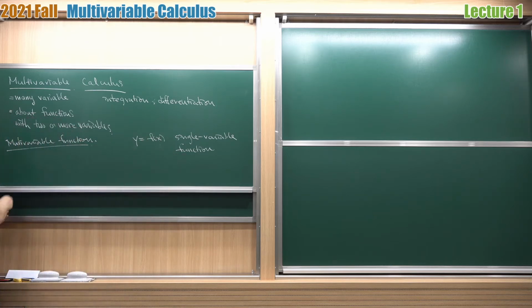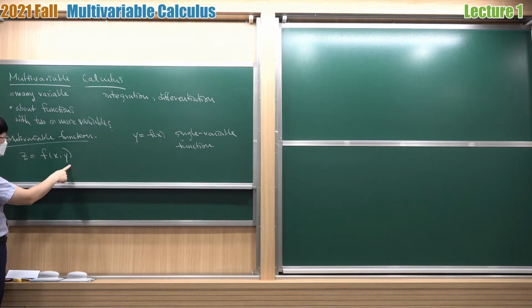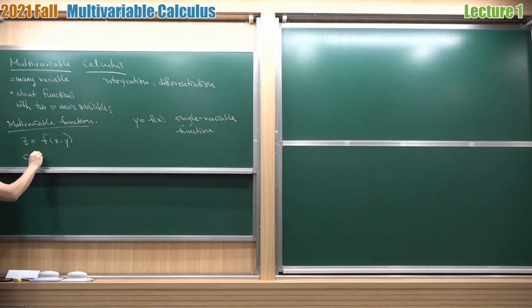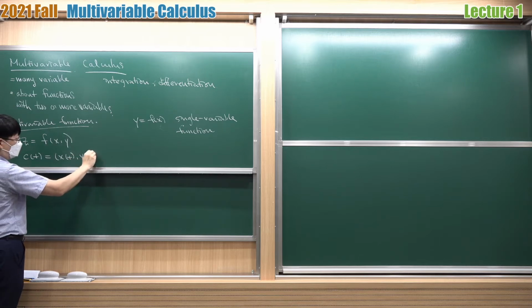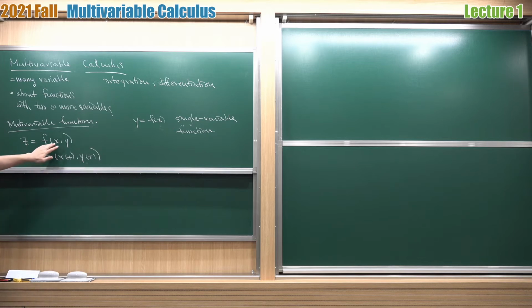So a multivariable function means that we have two or more independent variables, or two or more dependent variables. For example, we have a function named f, and x and y serve as independent variables that determine the dependent variable z.